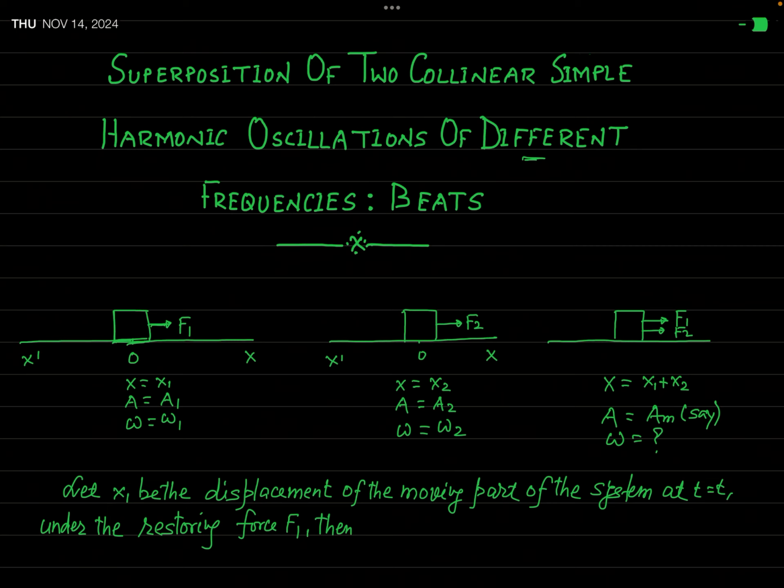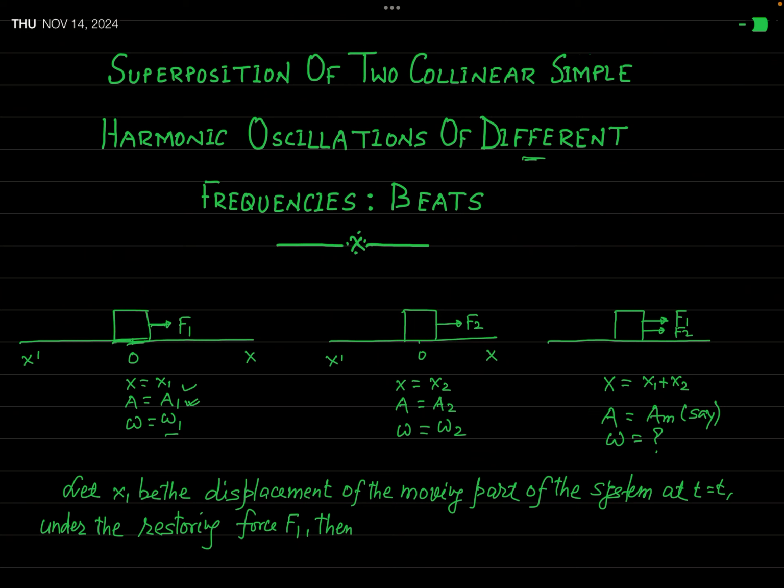And I have assumed that at any moment t, x1 is the displacement of this oscillator from its equilibrium position, a1 is the amplitude of oscillation, and this oscillator oscillates with an angular frequency omega 1 under this restoring force F1 acting along the x-axis. Okay?